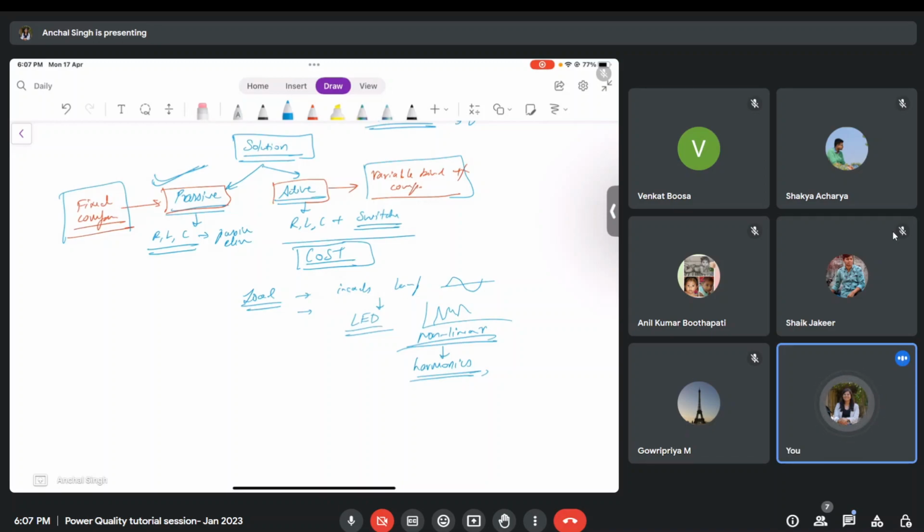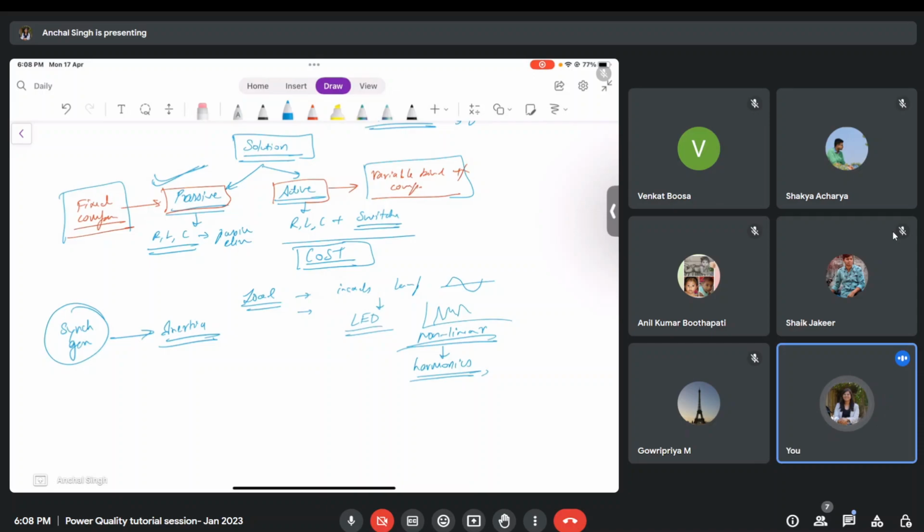And when these power quality problems come into the picture, we need to focus more on solving them. Till now, our grid was highly driven by synchronous generators, and these synchronous generators have very high inertia, so they were able to hold the grid even in the presence of these power quality problems.